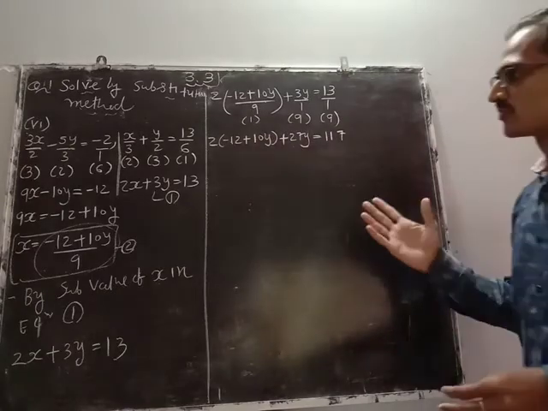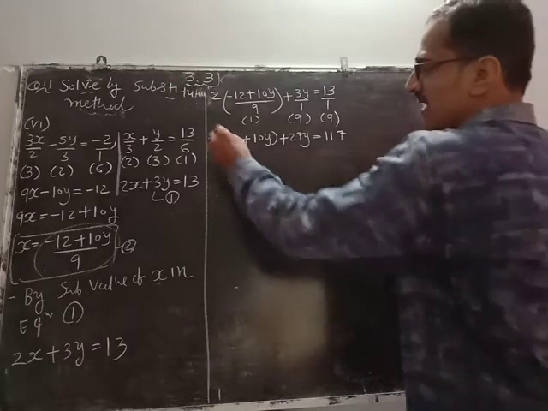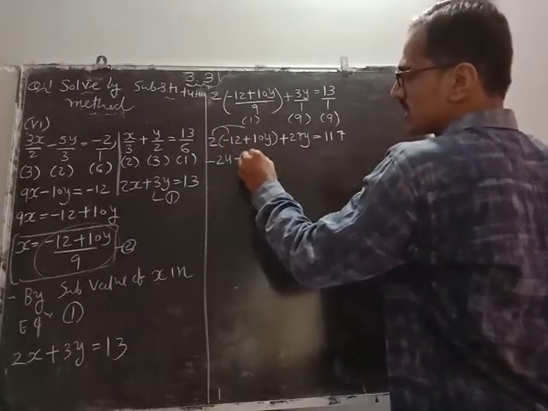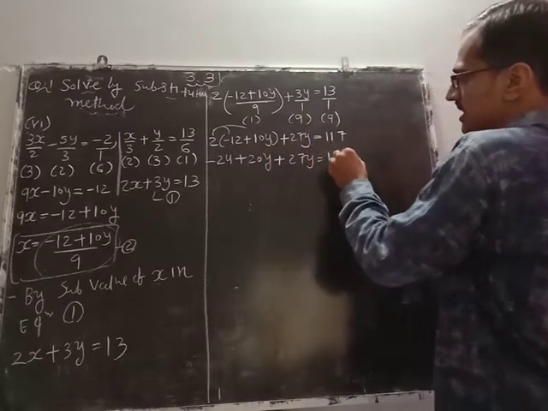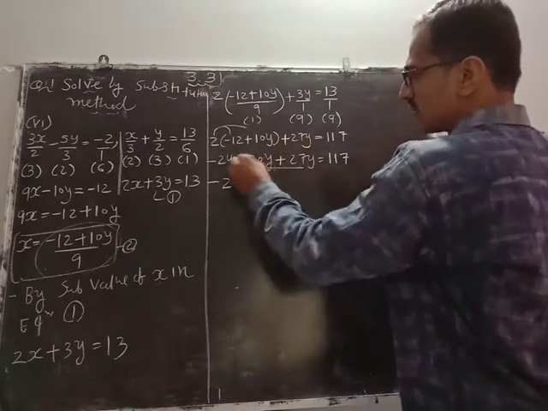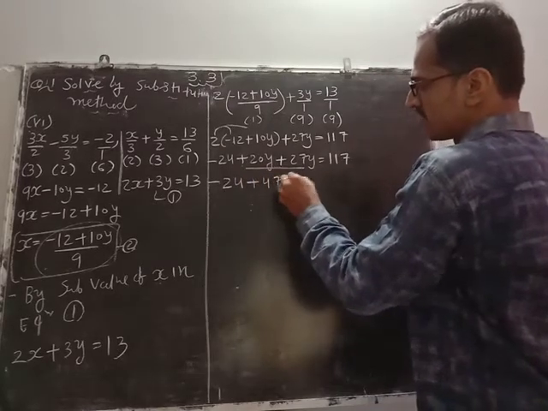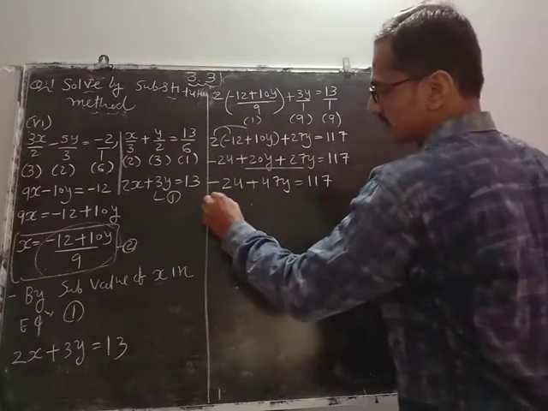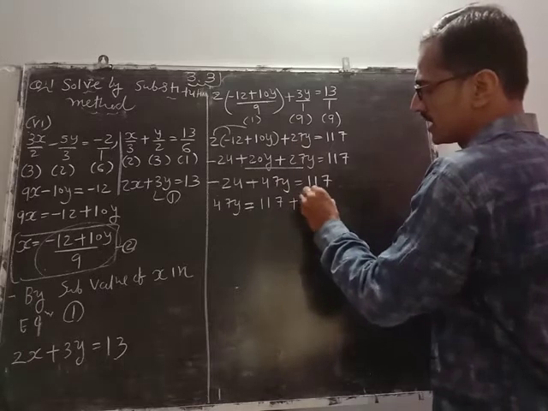Again, as I told you, here I have found out LCM on both the sides, I will not write denominator. Multiply inside. Minus 24 plus 10 2s are 20y plus 27y equal to 117. So minus 24 plus 27 plus 20, 47y equal to 117. Shift minus 24 towards right hand side. We'll get 47y equal to 117 plus 24.